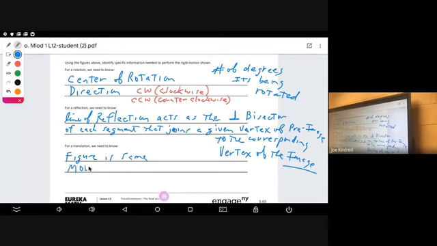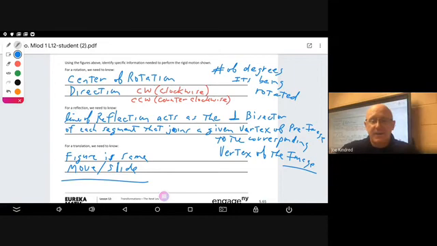We're just moving it. It's just a slide. That's all we're doing. Figure is the same. Okay, so that's basically it.